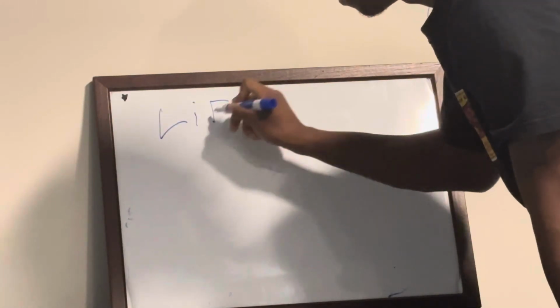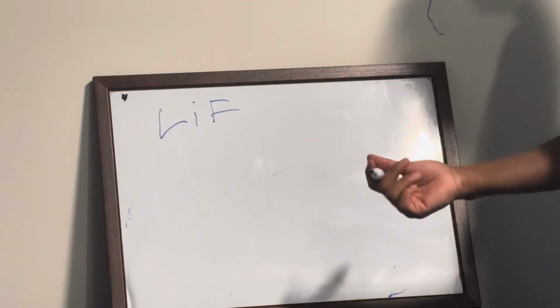And finally, I forgot this. Let's say we wanted to do lithium fluoride. How could we show this? We know in ionic compounds, they're not sharing, it's taking.